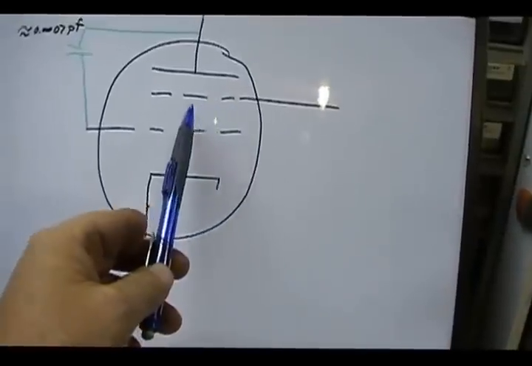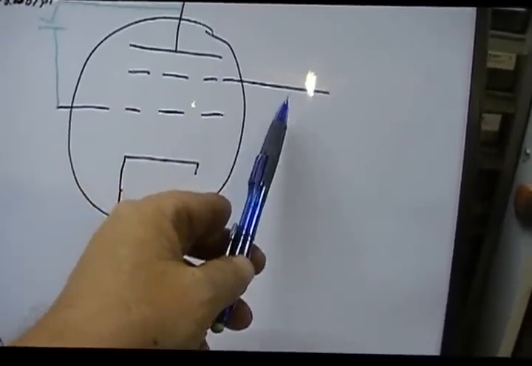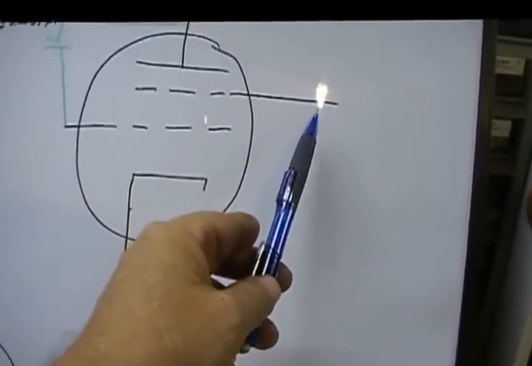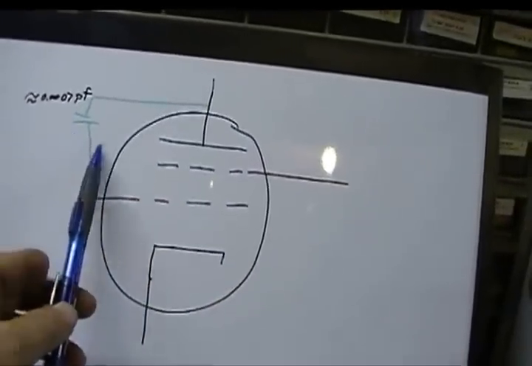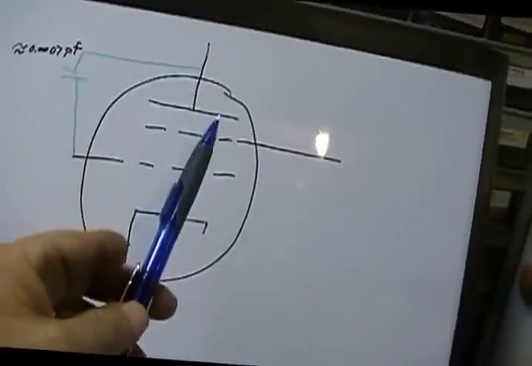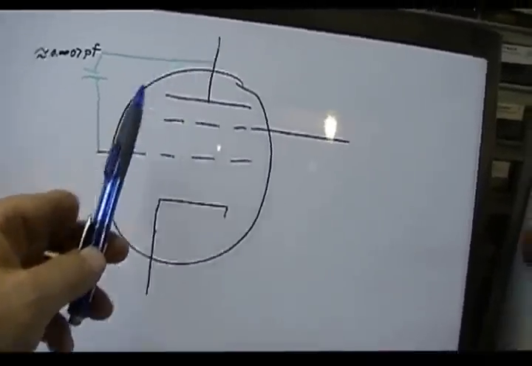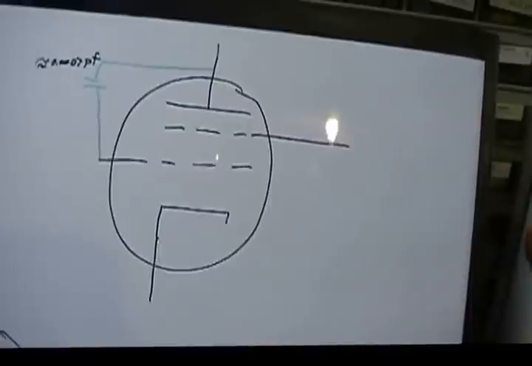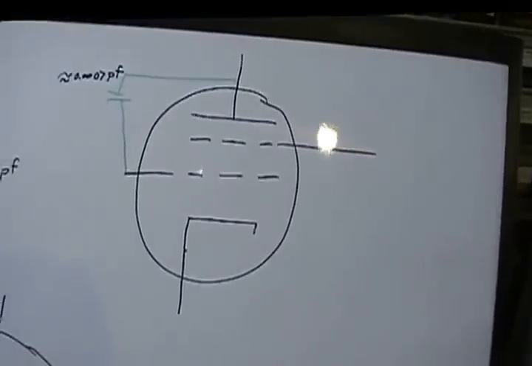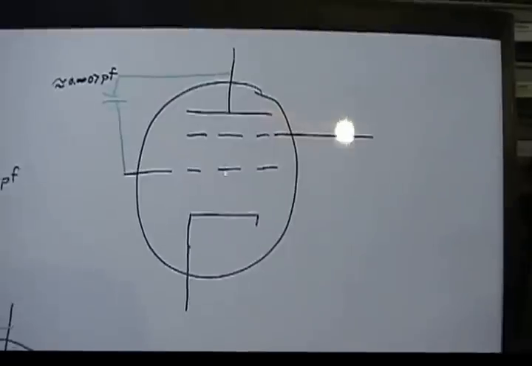So, yes, it gets a signal on it, and it has current flow on it, but we're not picking the signal off of it. We're picking it off the plate. As far as our signal is concerned, it's only looking at these two. It couldn't care less about this one. So it's okay that there is capacitance there because it's not going to affect us.